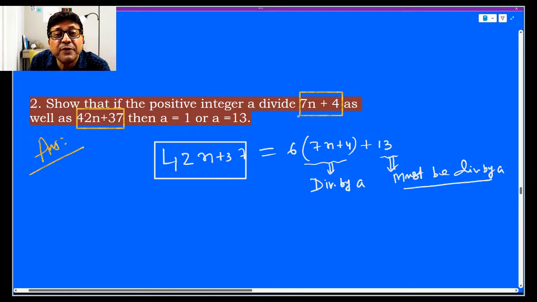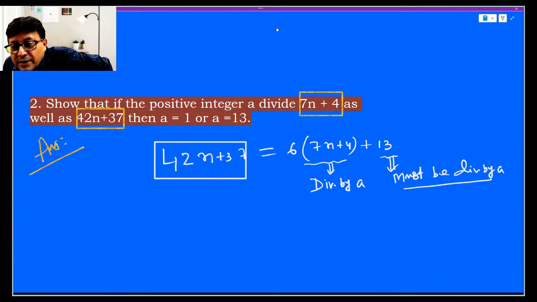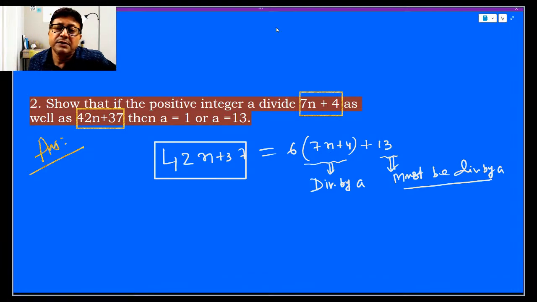My question for you, what are the divisors of 13? 13 is a prime number. A little bit of idea you all have. In the past video I have explained, I did not do anything new. I just told you that 13 is a prime number. It is divisible by itself and by 1.